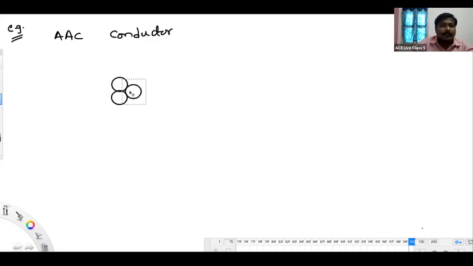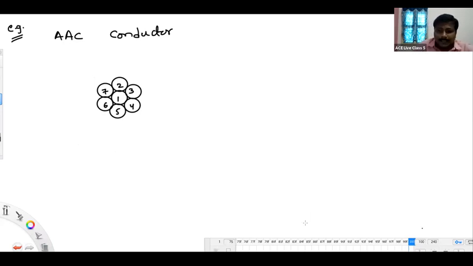Maybe it's layer 1, as we have mentioned. Just look at layer 1. You see, all are made of aluminum. How many strands do you have in total? 7. Total number of strands will be 7.